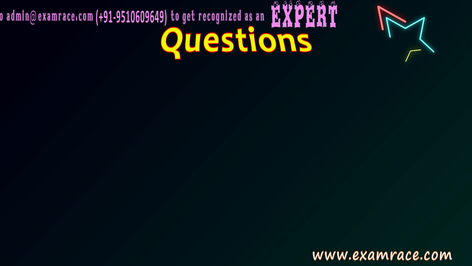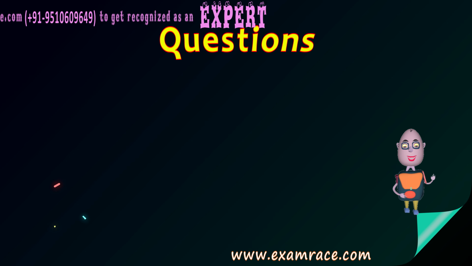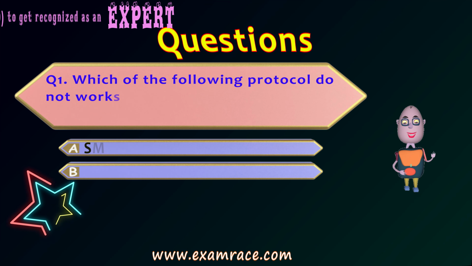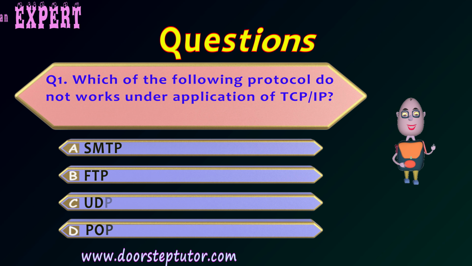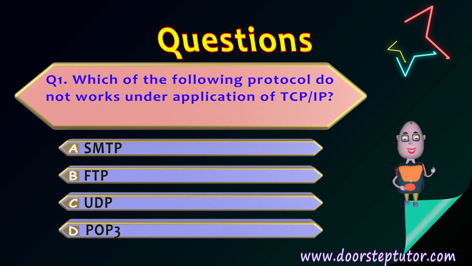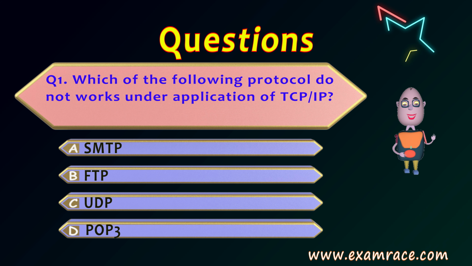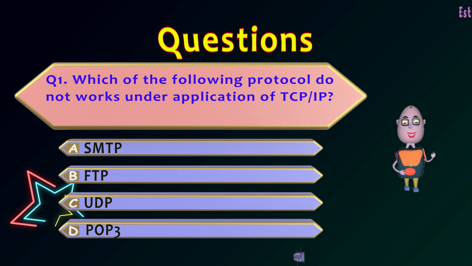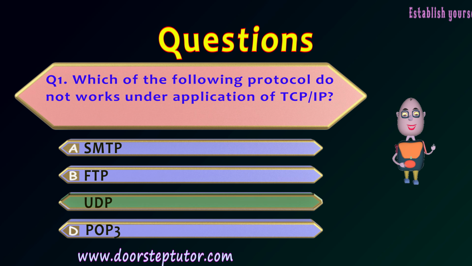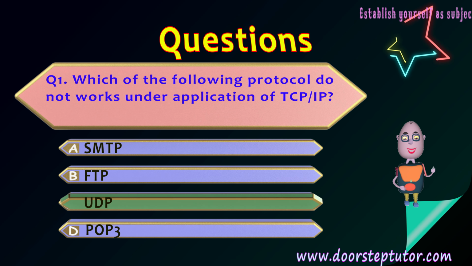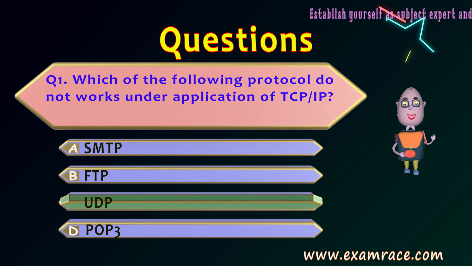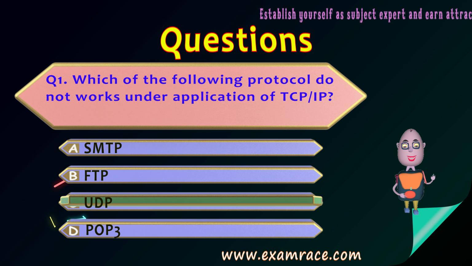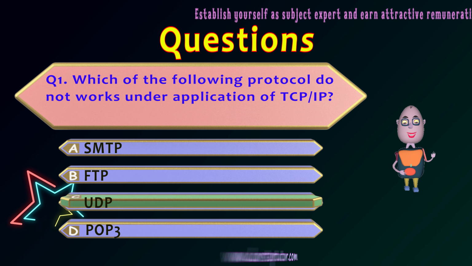So in the last, let's have some MCQs related to the same topic. The question is, which of the following protocols does not work under the application layer of TCP IP? The correct answer is option number 3, UDP. As we know, User Datagram Protocol is used in the transport layer.